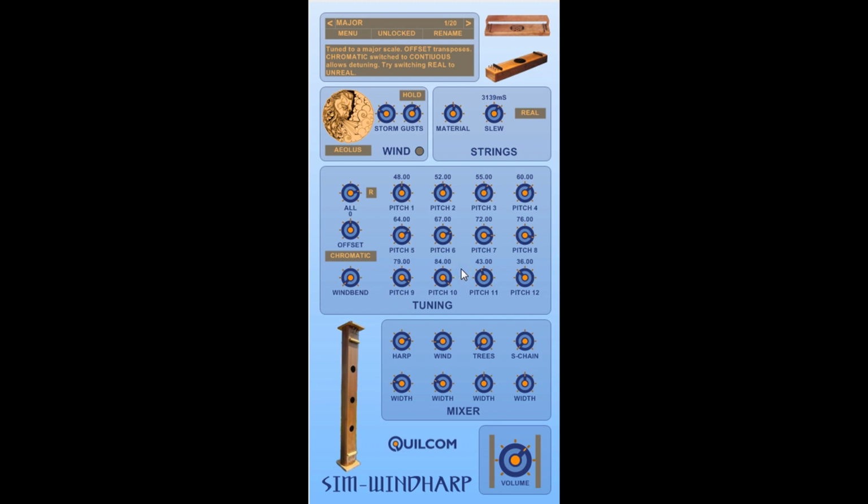So now we go down onto the tuning panel, which, as I said before, can tune the pitch of each individual string. So let's turn the wind on. On this particular preset, the pitches are set to a major scale. So with chromatic on, we go up in whole semitone intervals.